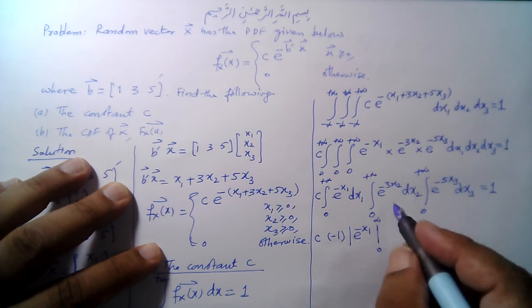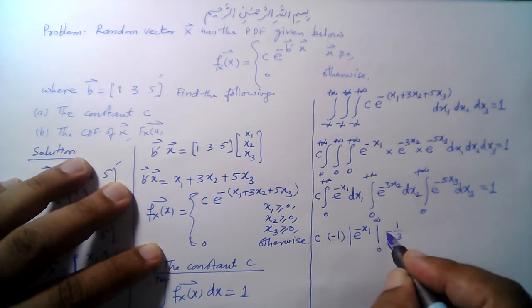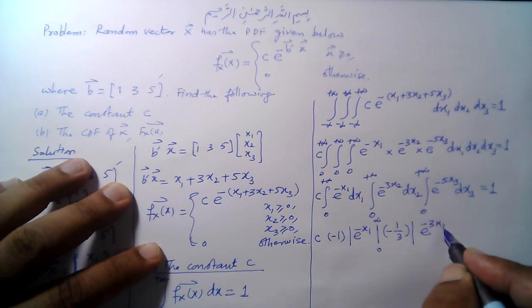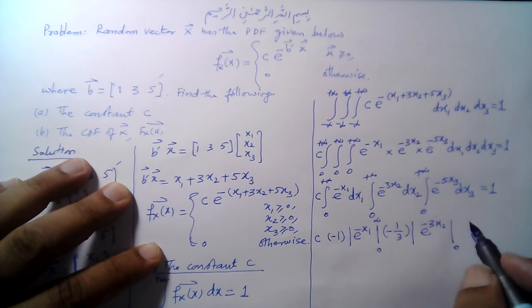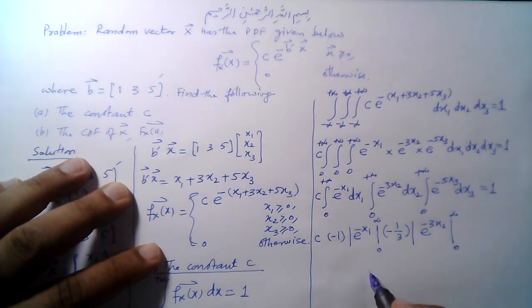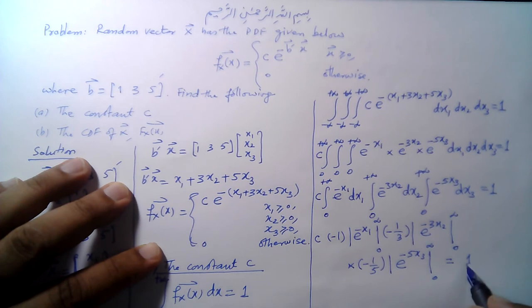Similarly for e raised to power minus 3x2, we will have a constant minus 1 over 3 multiplied by e raised to power minus 3x2, with limits 0 to infinity. And similarly minus 1 over 5 multiplied by e raised to power minus 5x3 with limits of x3 from 0 to plus infinity. The product of all these terms should be equal to 1.